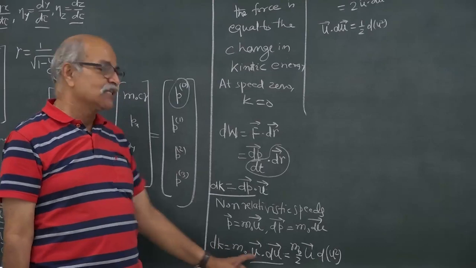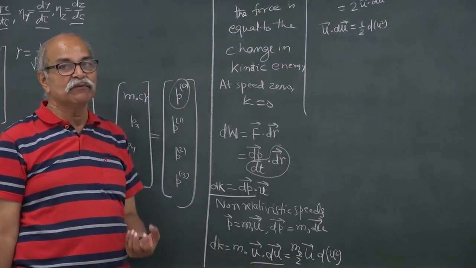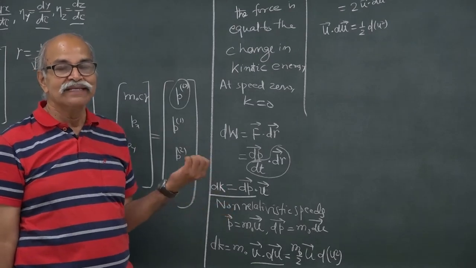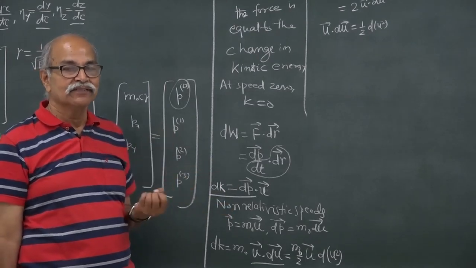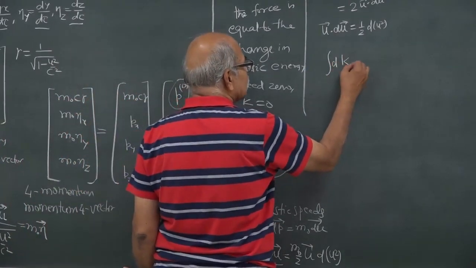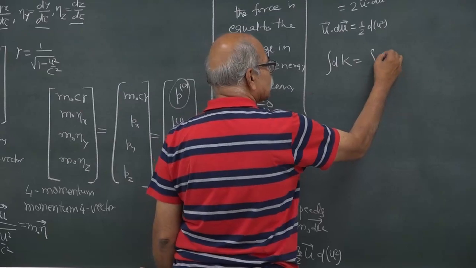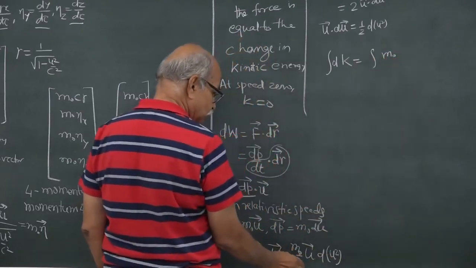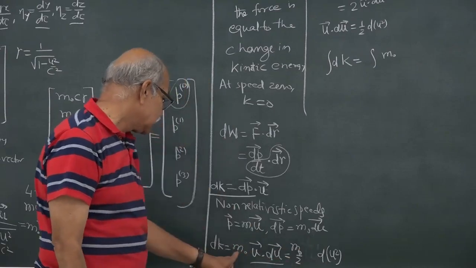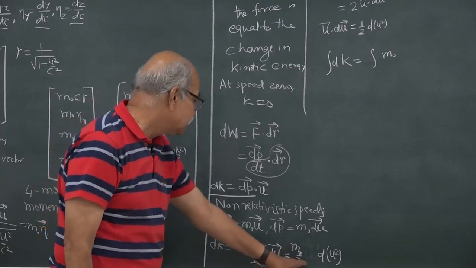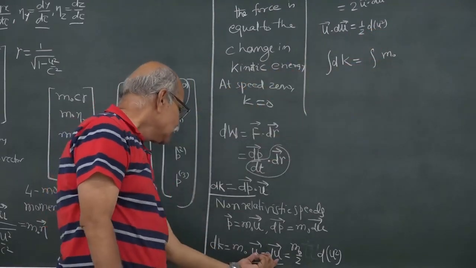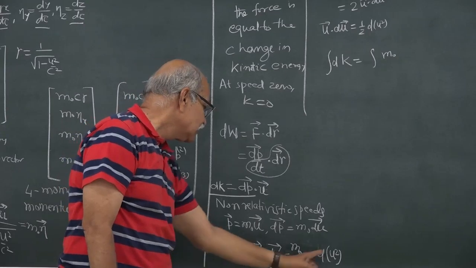Now, integrate this expression, the speed of the particle changes from 0 to u. What is the change in kinetic energy? So, we integrate this expression dk, and this side is m naught, and u dot du is half d of u square.